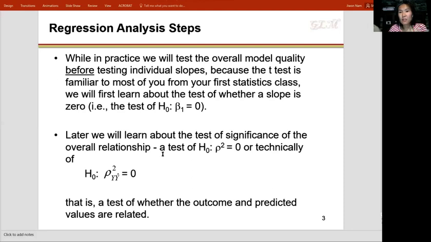What is it? That is rho square. Rho is the Greek letter of R. R is the Pearson correlation, the relationship in the sample. But rho is the relationship in the population. Now you see rho square.